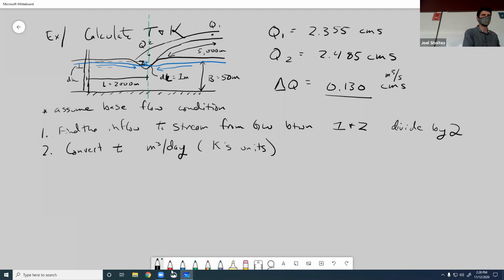So we want to divide this by 2, remember? So convert to cubic meters per day. And then we'll go back to that transmissivity equation.